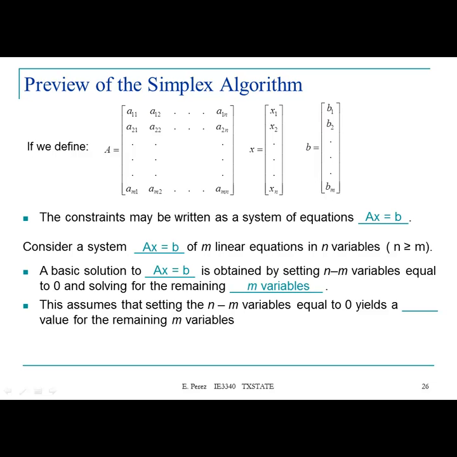So this is what we did with the previous example. We were assigning 0 to those non-basic variables, and we were finding the solution for the basic variables. Also, this assumes that setting these n minus m variables equal to 0 yields a unique value for the remaining m variables. So assigning these 0 values to your non-basic variables will yield a unique solution for the basic variables.